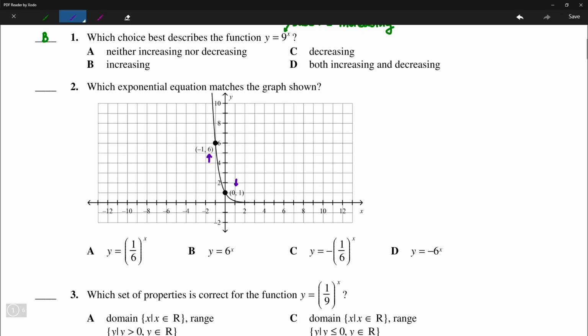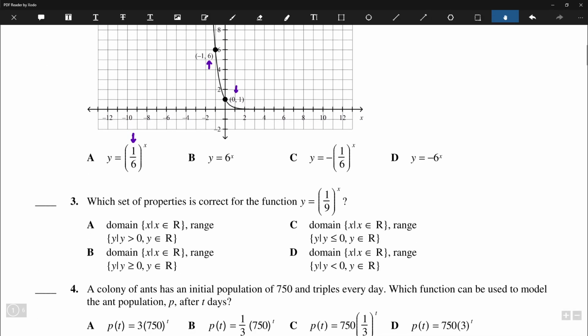And the function is decreasing as we move from left to right. So the base being between 0 and 1 makes sense. And it is a positive function since we have positive y values. So the choice here is A. This one right here.